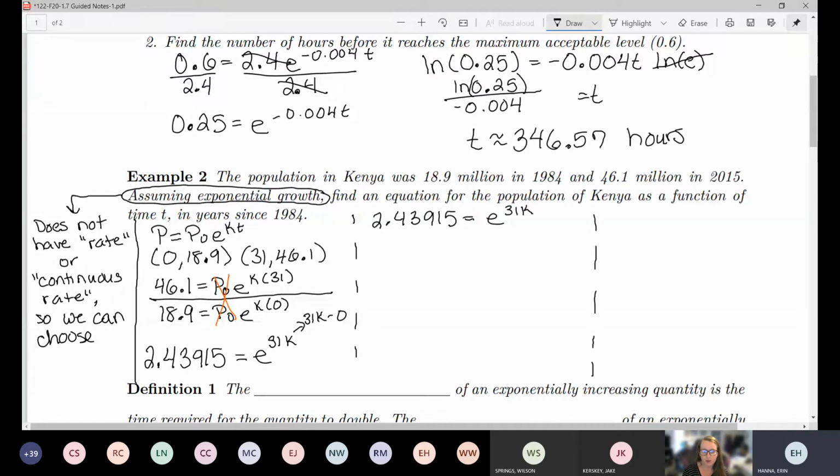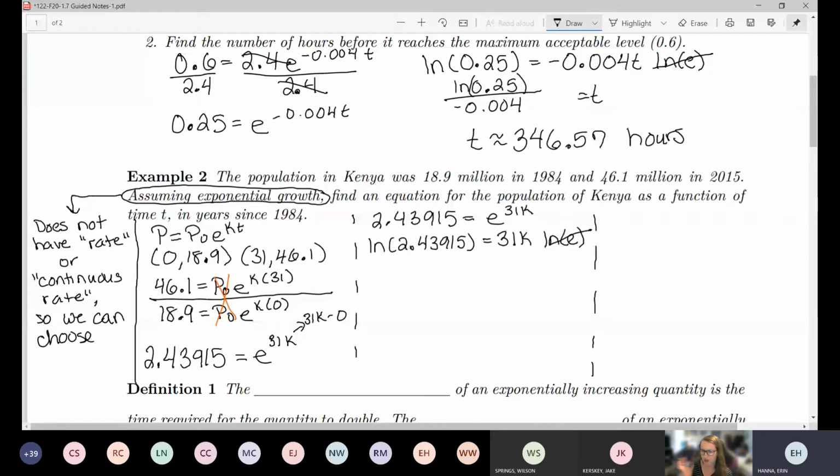So at this point now is where we want to solve for k. We want to solve for the value that we don't have. So here, since the k is in an exponent, we need to use our natural logs. So we need to take the natural log of both sides. I'm going to pull the power out at the same time. Natural log of e is 1.